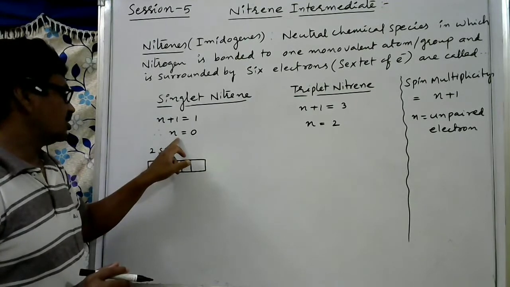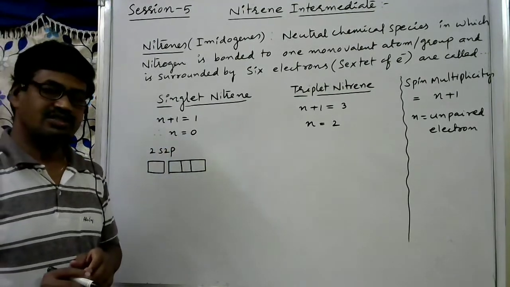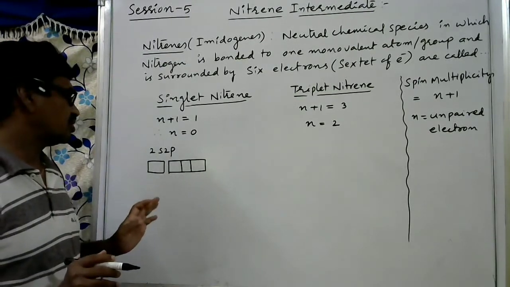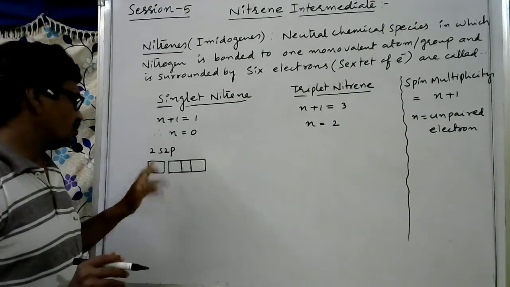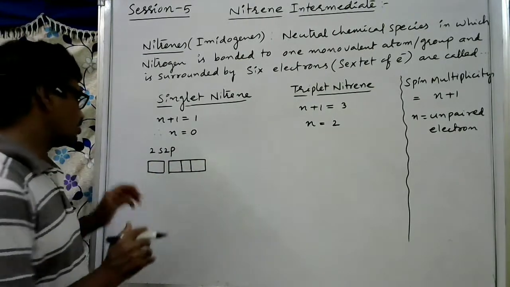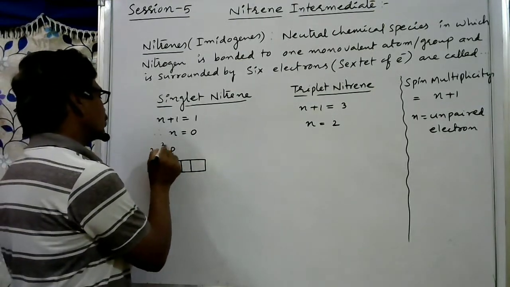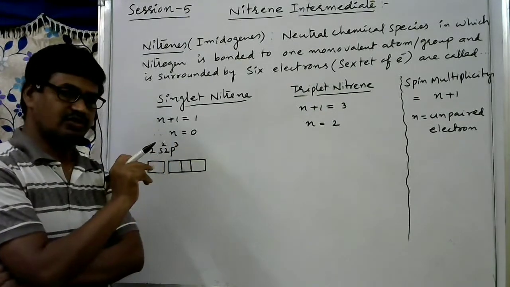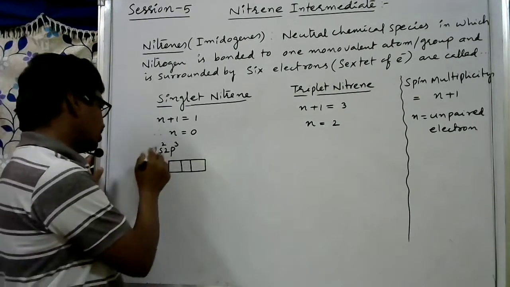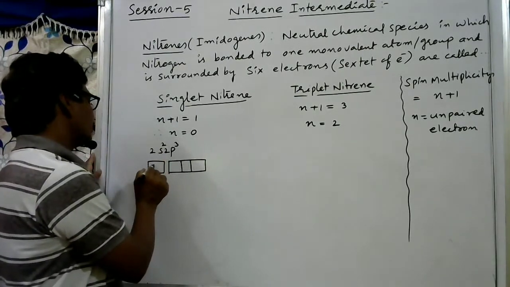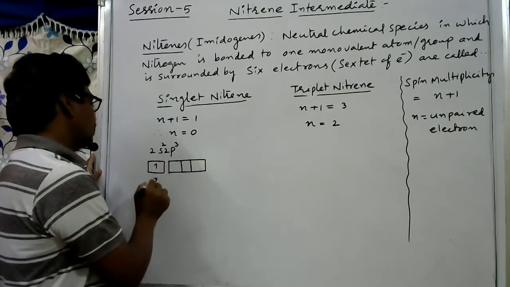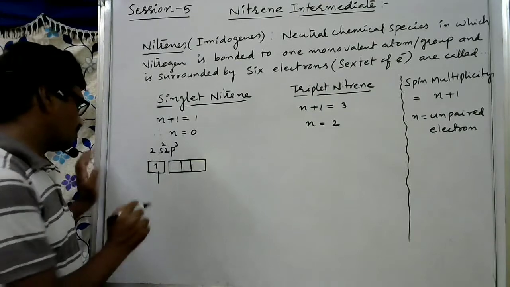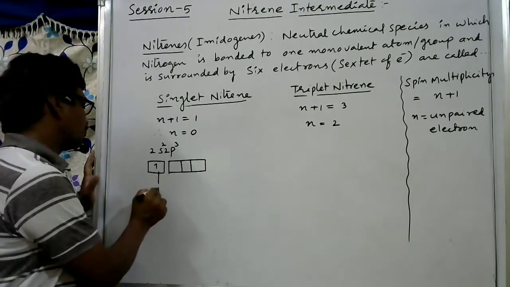Here n equals 0, which means no unpaired electrons are present. So to get no unpaired electrons, we write the electron configuration of nitrogen, 2s2, 2p3. One electron forms a bond.